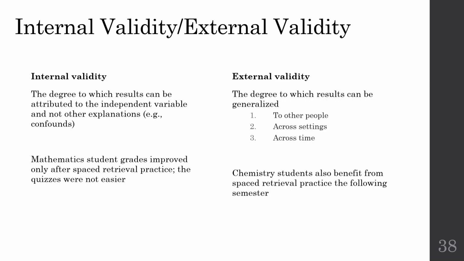For example, if we found that this spaced retrieval practice helped mathematics students improve their grades, well, can we also see it improve chemistry students' grades in a different semester? Now we're looking at different students, a different time point, and if we see the same results, well, then we would say we have pretty solid external validity as well.